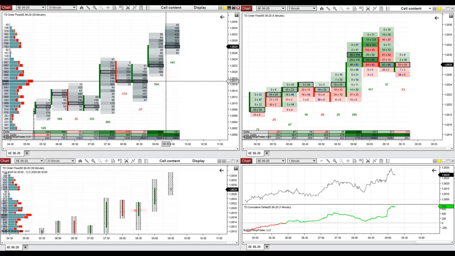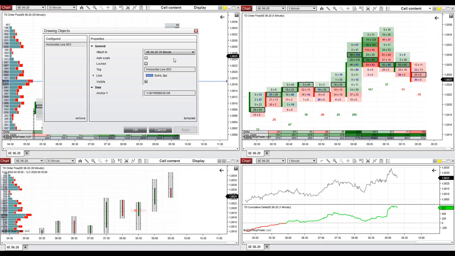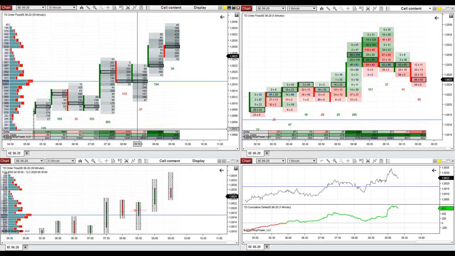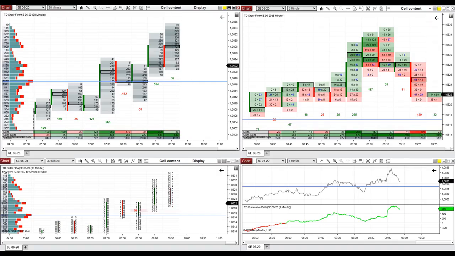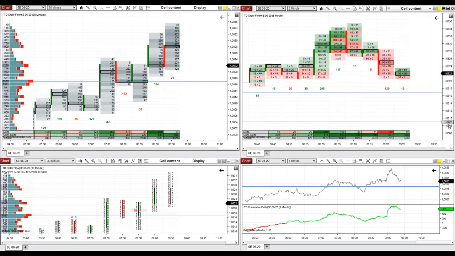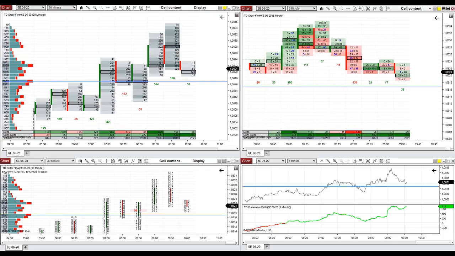I would want to see a pullback to this support. Let me just show this on all those charts. When there is a pullback to this level, I'll be waiting for confirmation. Now the price is going closer, so I'm going to slow it down.